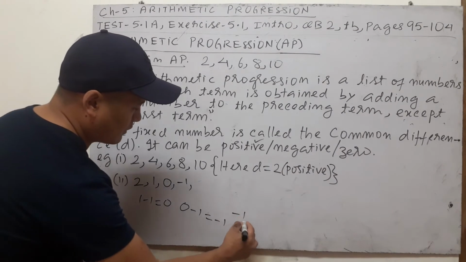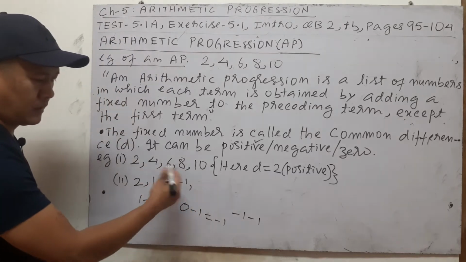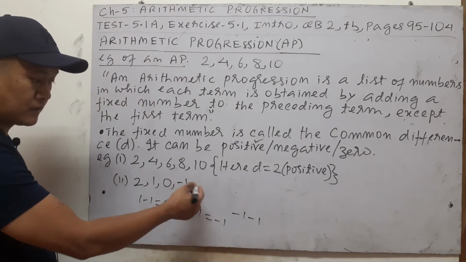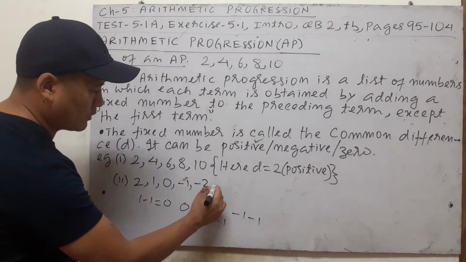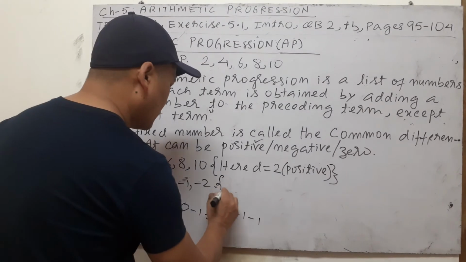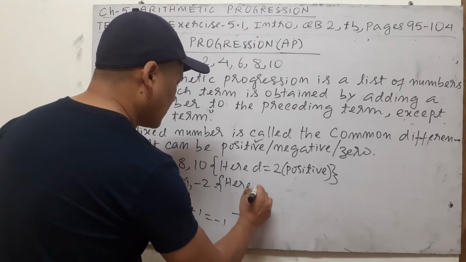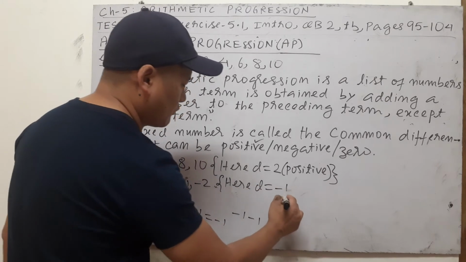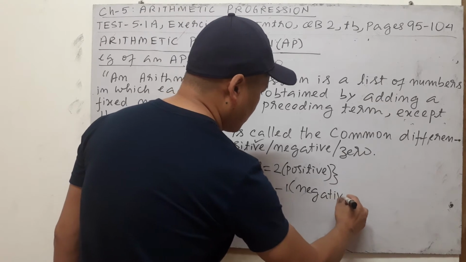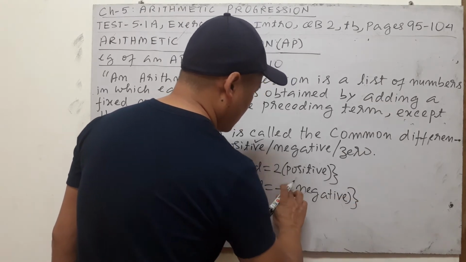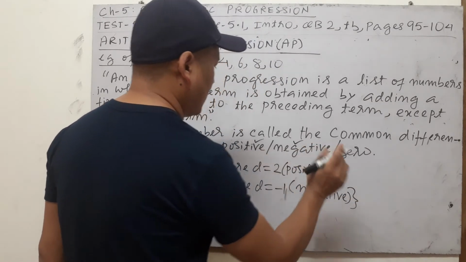Then minus 1 minus 1, minus 2, etc. Adding that fixed difference, now negative. So here you can clearly see D is minus 1, so the common difference can also be negative. So you tick here, correct.